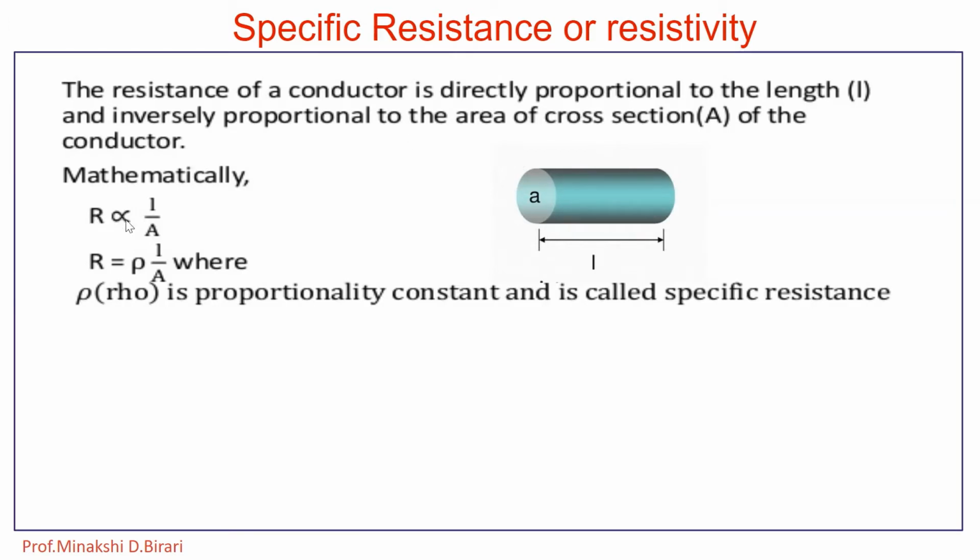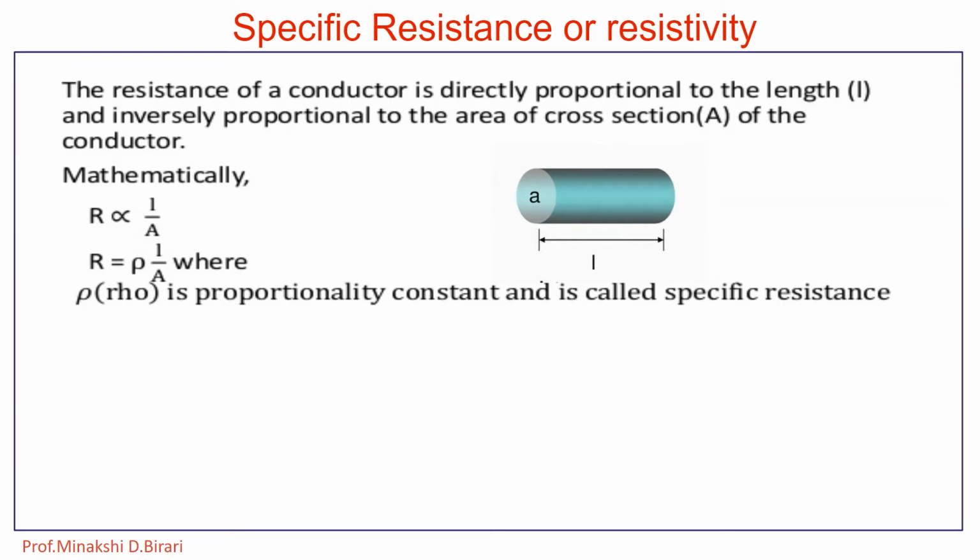Here R is inversely proportional to A, that is the area of cross section. Therefore we can represent this as R is equal to rho into L upon A. When we remove the sign of proportionality, we have to put the proportionality constant, here rho. This rho is the proportionality constant and is called specific resistance.